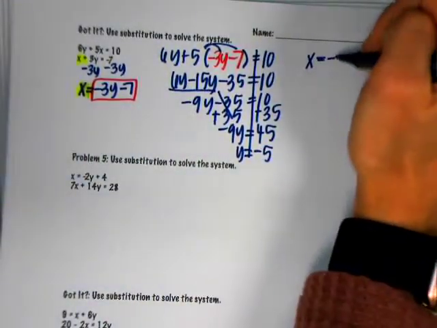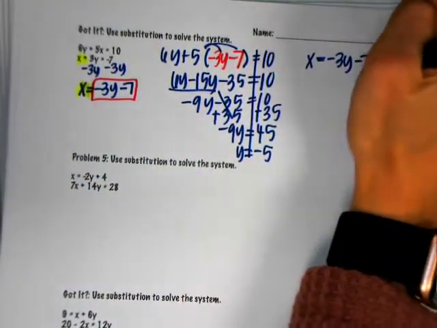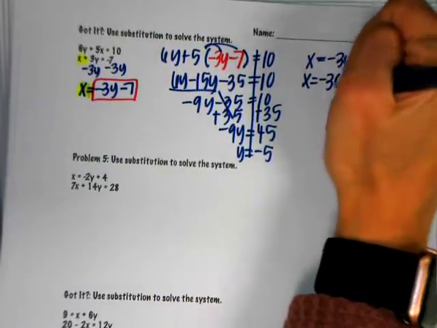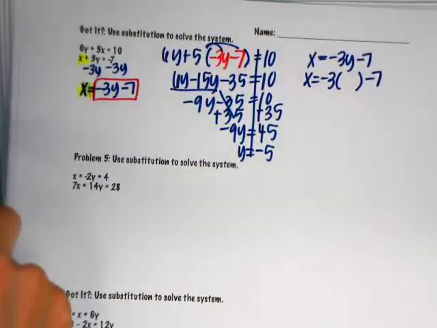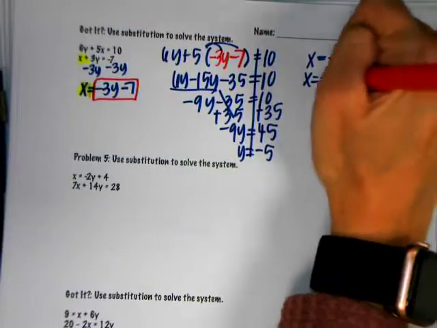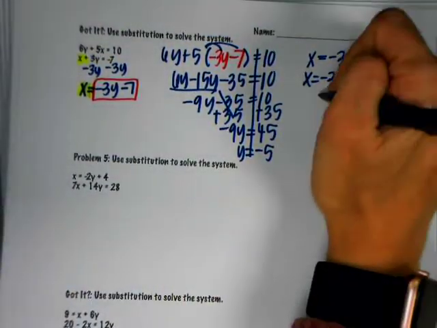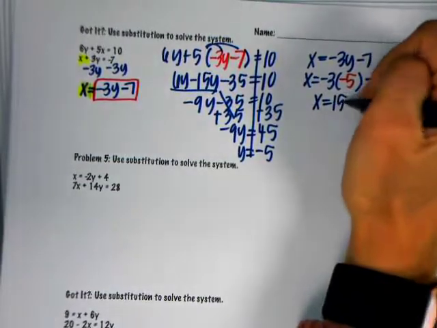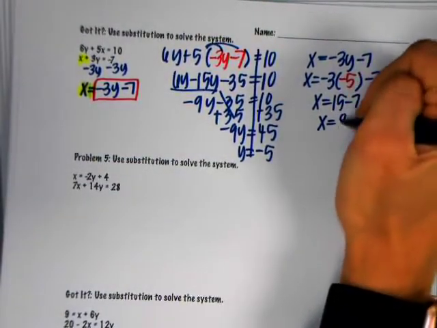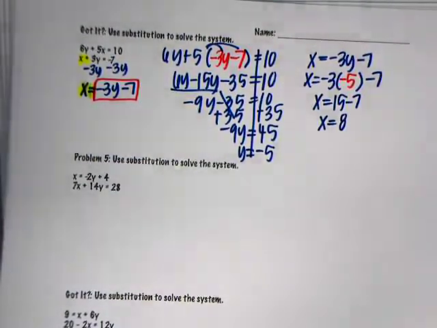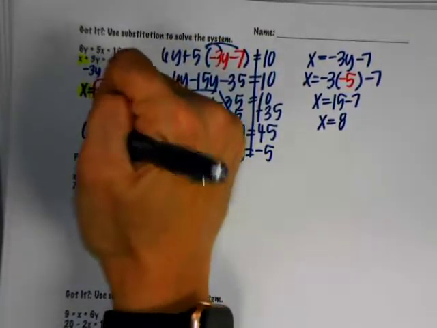And then I'm going to use my new equation, x equals negative 3y minus 7. So put the negative 5 in for y. It's going to be 15 minus 7, so x equals 8. So the solution is going to be 8, comma, negative 5.